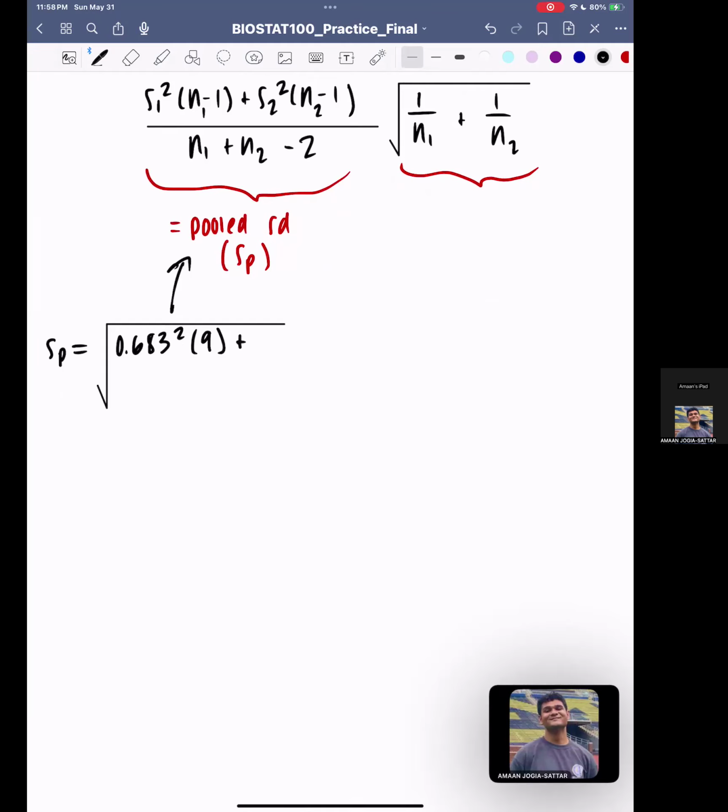And then I believe the other one was 0.75 squared times 9, divided by 10 plus 10 minus 2, which is going to be 18. Okay?